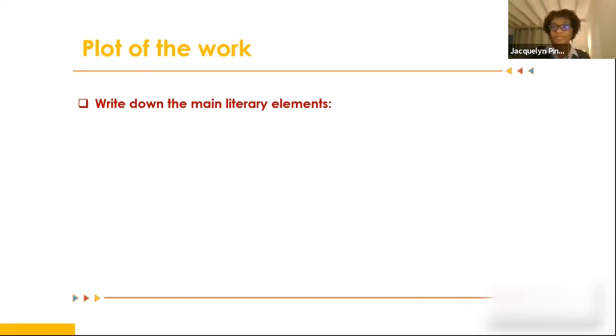Annotating is an important skill to learn as you are reading and analyzing. I still do it. And so as I'm reading, I write down these things. In the test, you don't have time. So what you don't have time to actually physically annotate, you do in your mind. So write down the main literary elements: plot, what's going on, the characterization, the setting and tone.